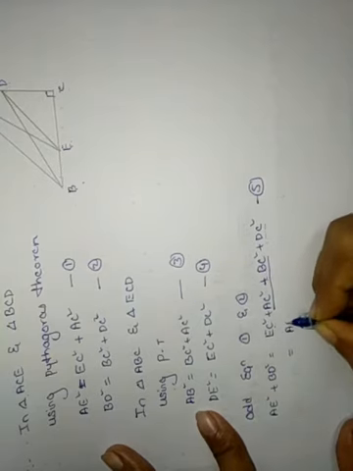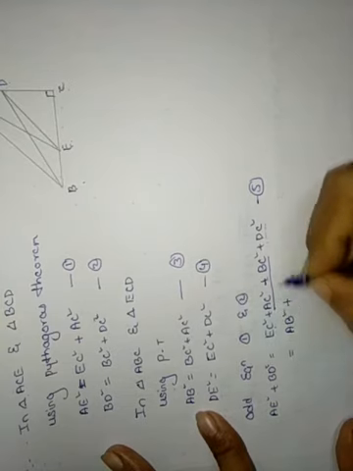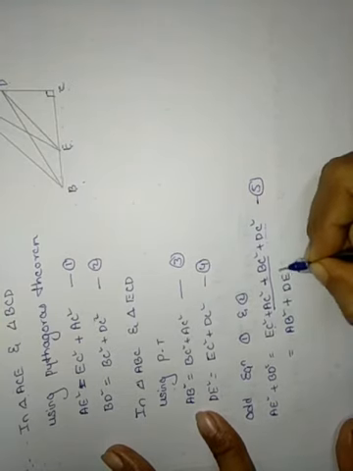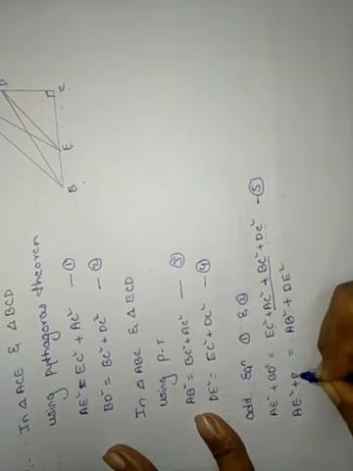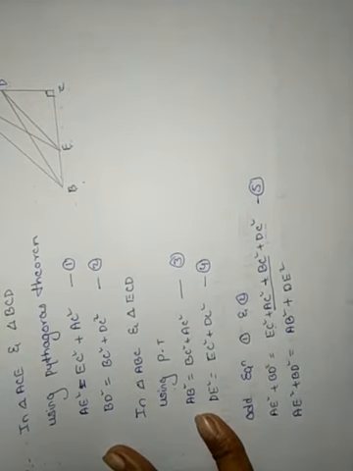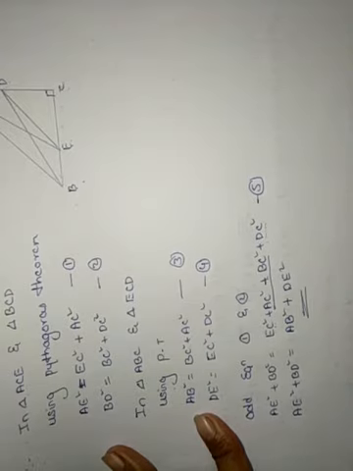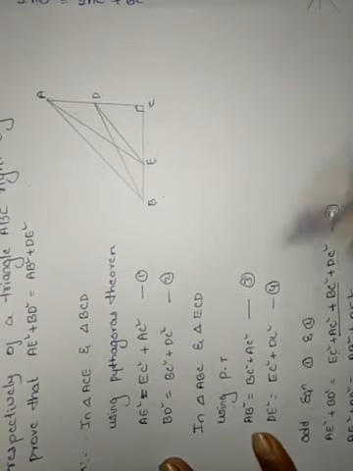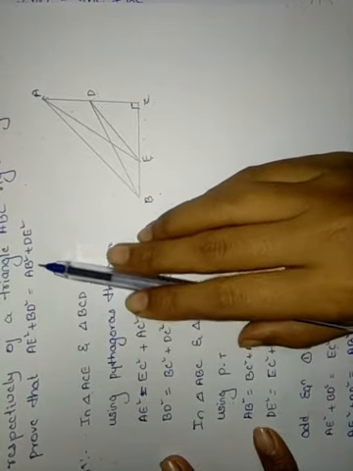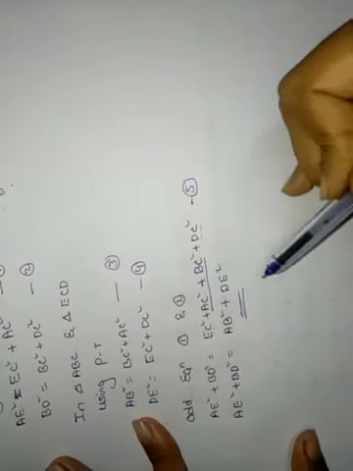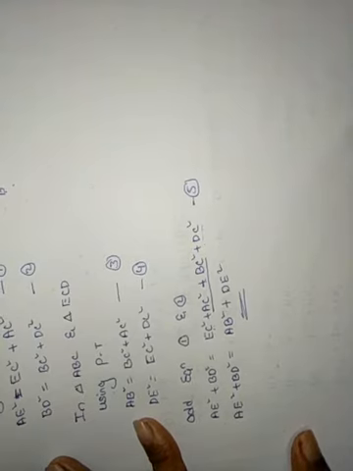We'll get AB square plus DE square, and the left hand side is AE square plus BD square. Hence we got the required answer: AE square plus BD square is equal to AB square plus DE square. Isn't it? We got the same thing. This completes the 13th proof. Let's move to the 14th one.